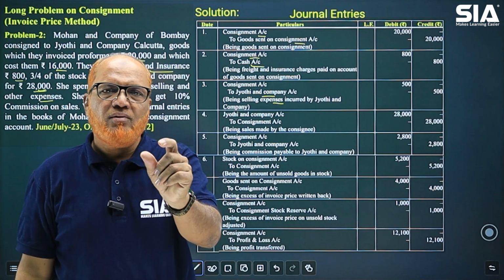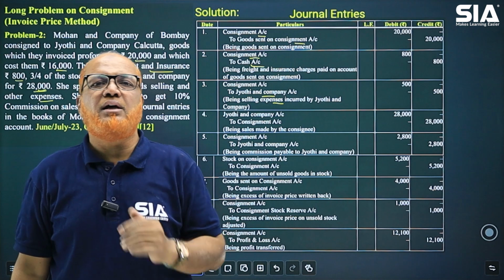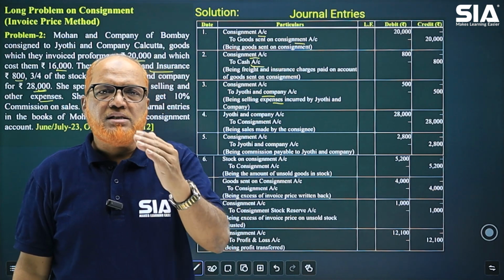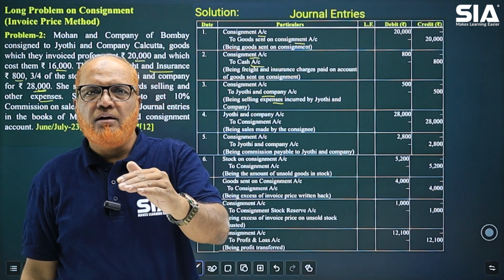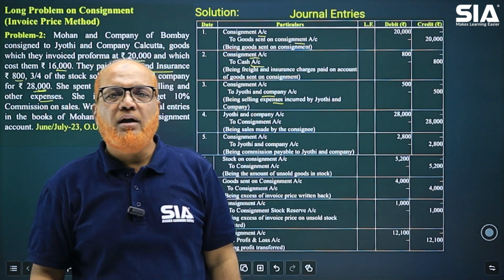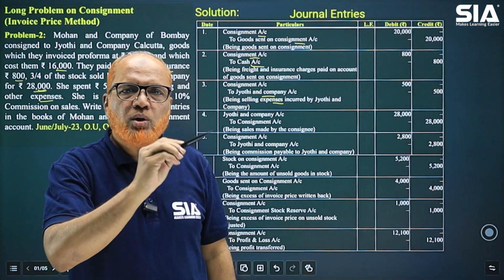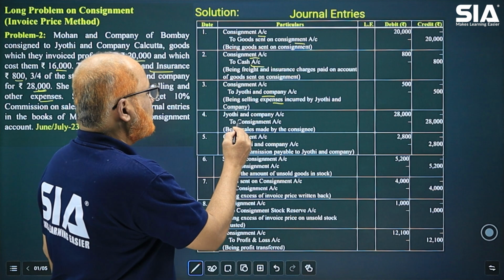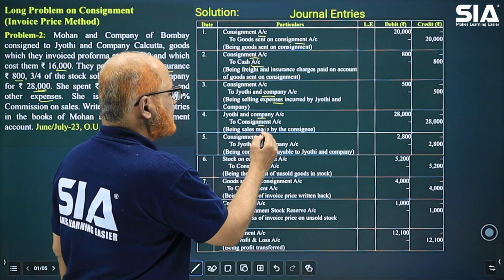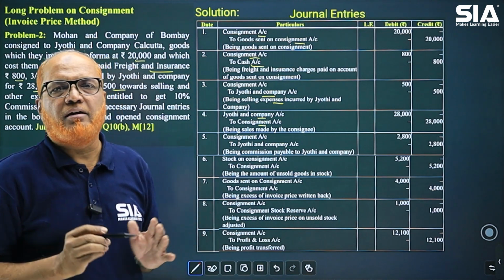Remember, expenses we will take on the debit side, whereas revenue we will take on the credit side. So consignment account should be credited and consignee account should be debited. So entry will be Jyoti and Company account debit to consignment account, 28,000 being the sales made.